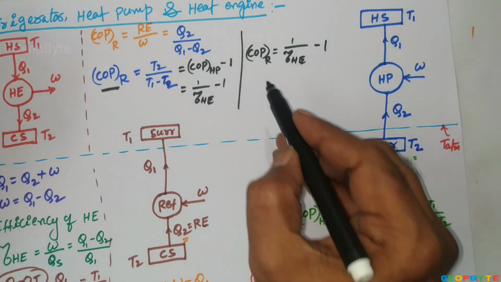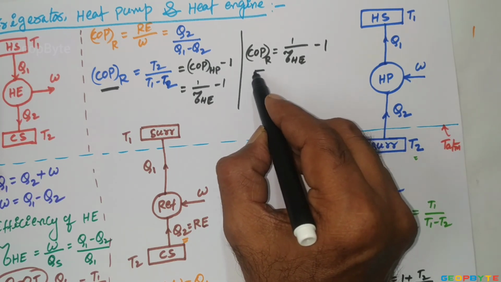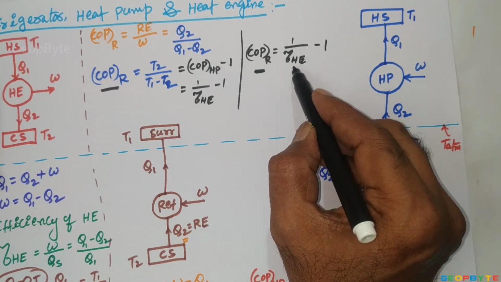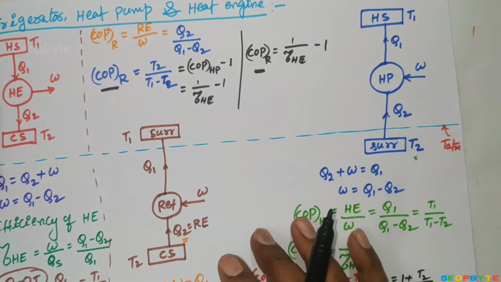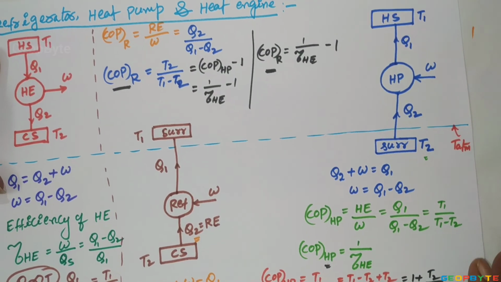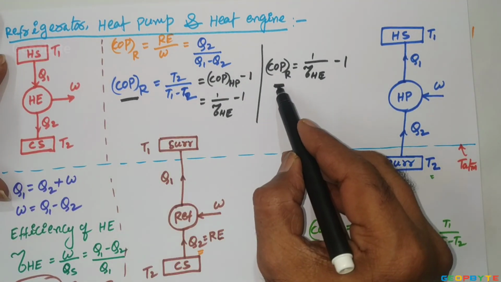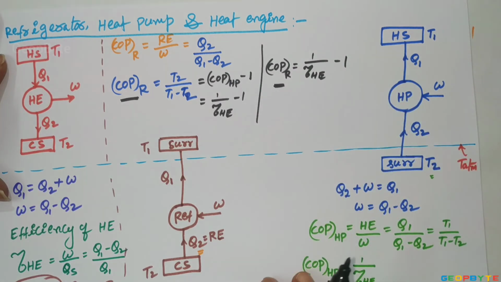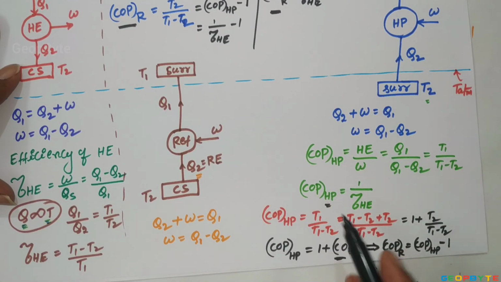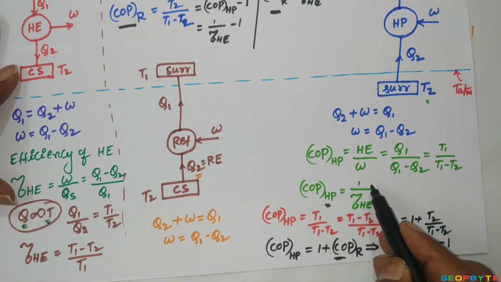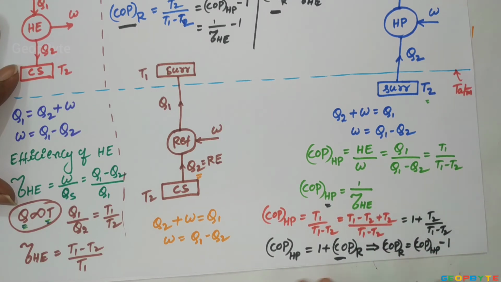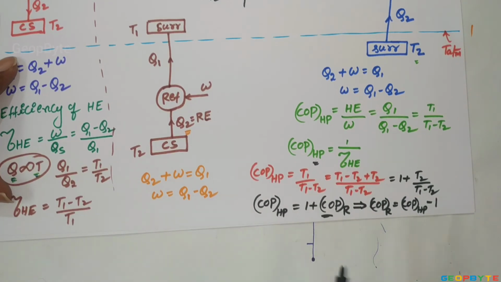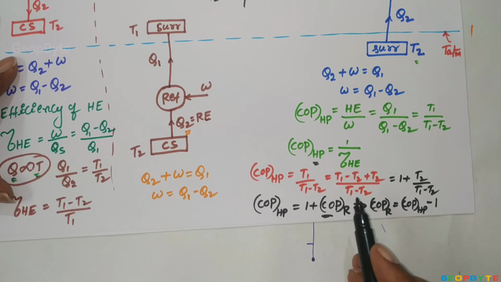That is the relation between the COP of refrigerator and efficiency of the heat engine. Here the important relations are: COP of refrigerator equals 1 by heat engine efficiency minus 1. One more relation, COP of the heat pump equals the reciprocal of the heat engine efficiency. One more relation, COP of the heat pump equals 1 plus COP of the refrigerator.